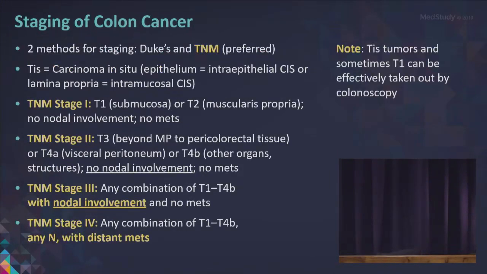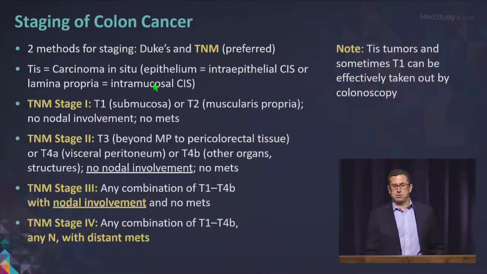In terms of staging for colon cancer, there are really two ways to stage. There's the Dukes and the TNM. Most people use the TNM. So you could have carcinoma in situ, the basement area, which was intramucosal.